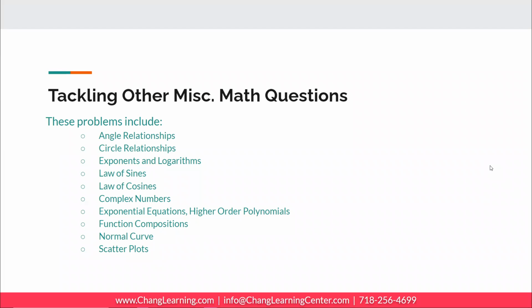The other topics from Algebra 2 are exponent rules and logarithms, like logs with a certain base, the law of sines, the law of cosines, complex numbers, which are based on the idea that the square root of -1 is i, exponential equations, and higher order polynomials, such as cubics or x to the 4th power or x to the 5th power equations.